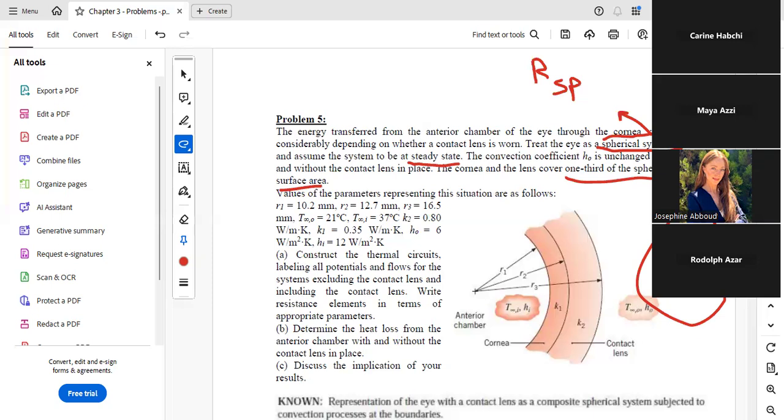Okay, so then what do we have to do? We should go back to the definition of the area. You know that if the area is reduced, what will happen to the resistance?